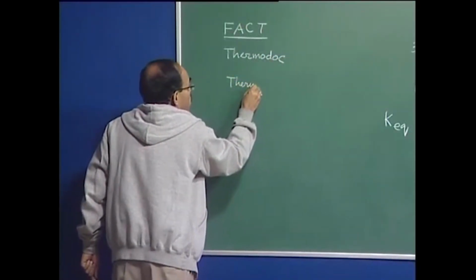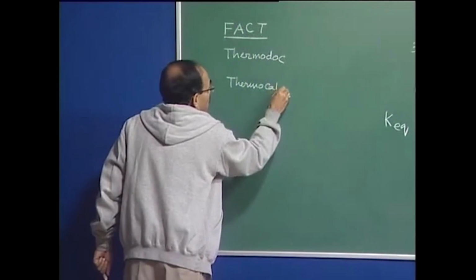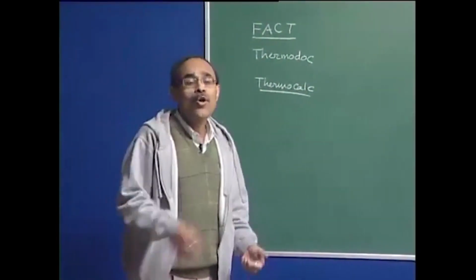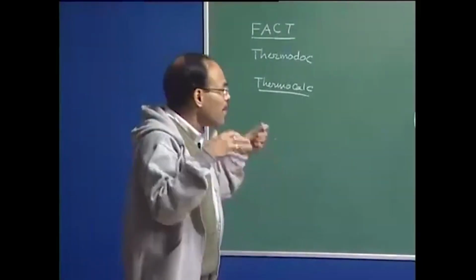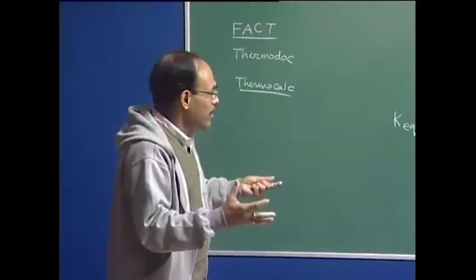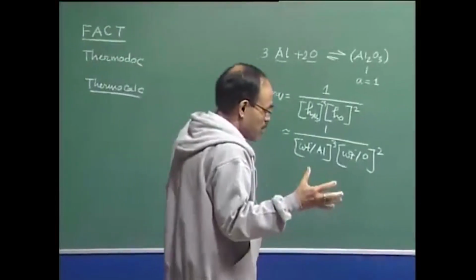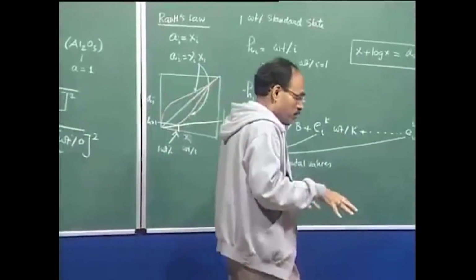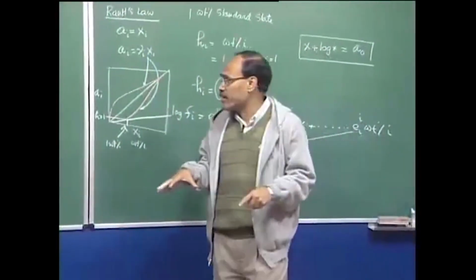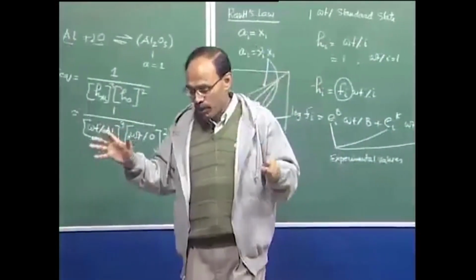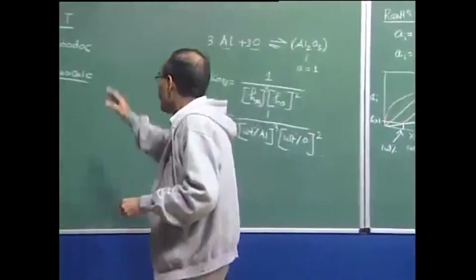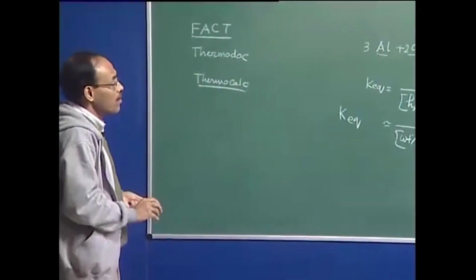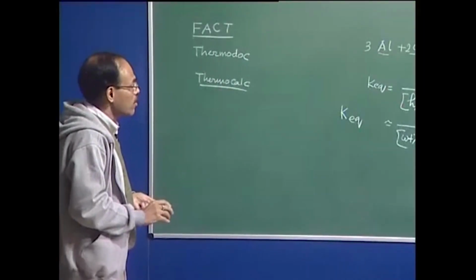Thermocalc, which is another software. There are a lot of software platforms which are now available where we can perform many complex thermodynamic calculations considering multi phases, various types of solutions, and an innumerable number of possibilities to predict the various states of equilibrium that you may be interested to know.